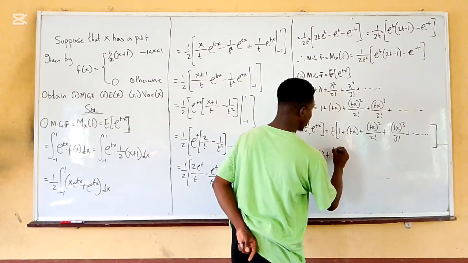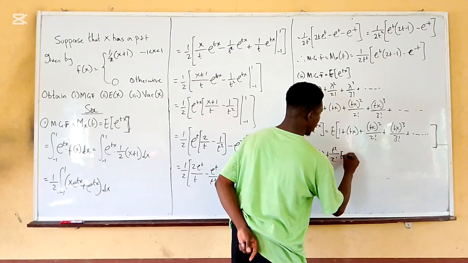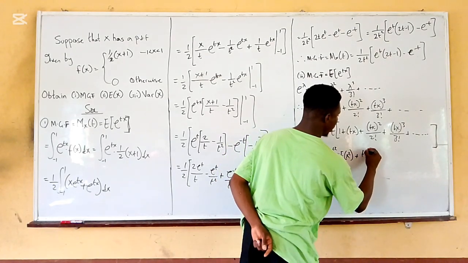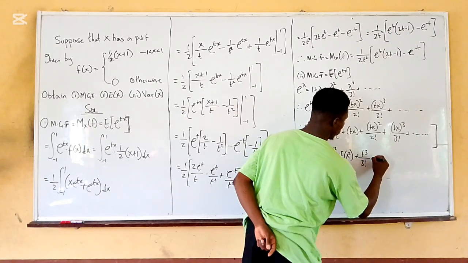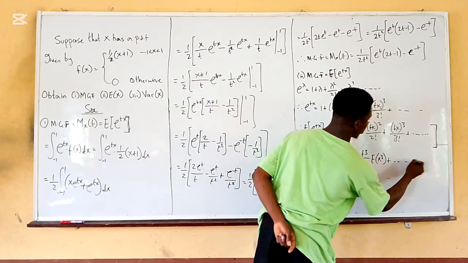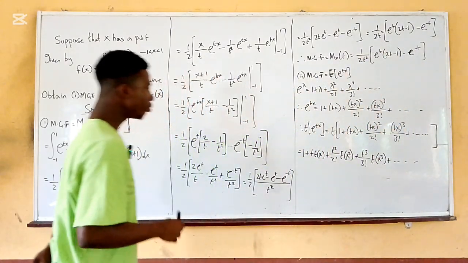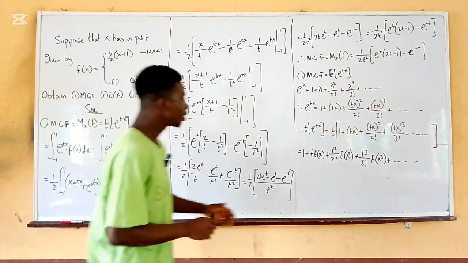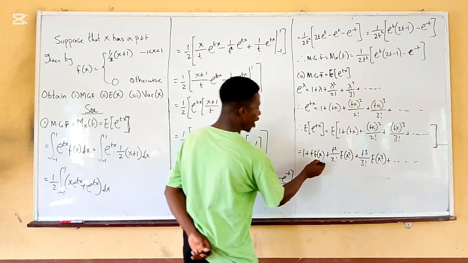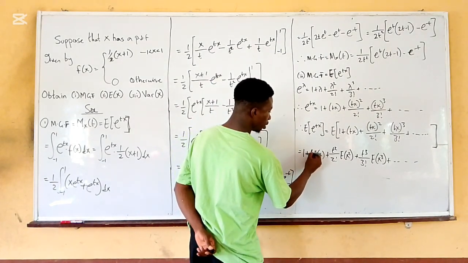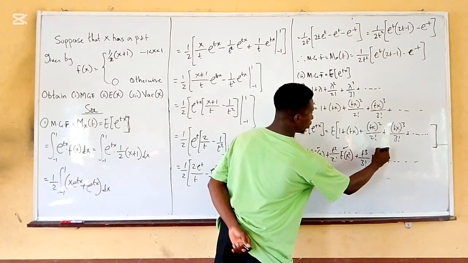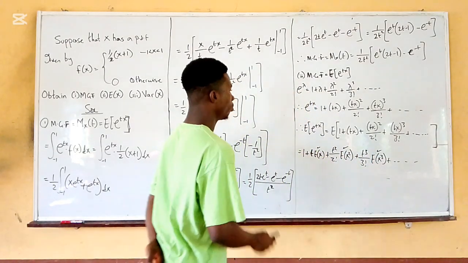We are going to have T squared over 2 factorial times the expectation of x squared, and for this one, T cubed over 3 factorial times the expectation of x raised to power 3, plus like that. From here, I am going to look for the expectation of x, the expectation of x squared, and the expectation of x raised to power 3.